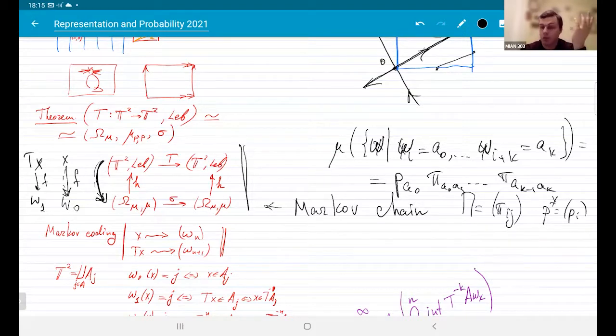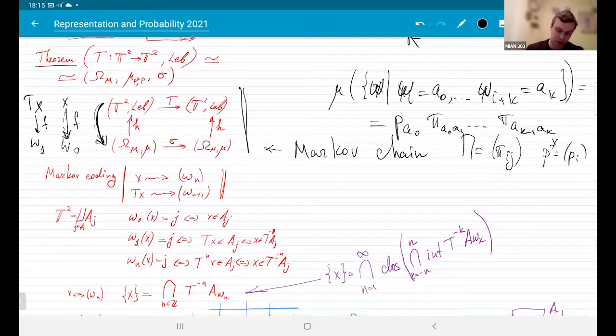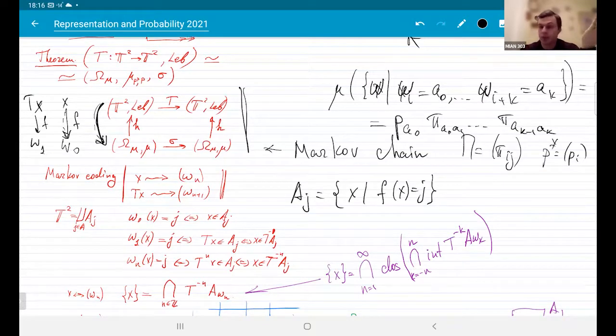And this information just means that I split the torus into some parts, cut it into some pieces, and on each piece our omega naught is one of our states. So I can say that A J is the set of all X such that f of X equals J. So I just need to construct these AJs.